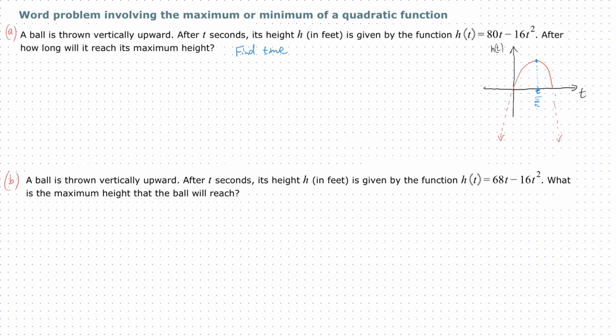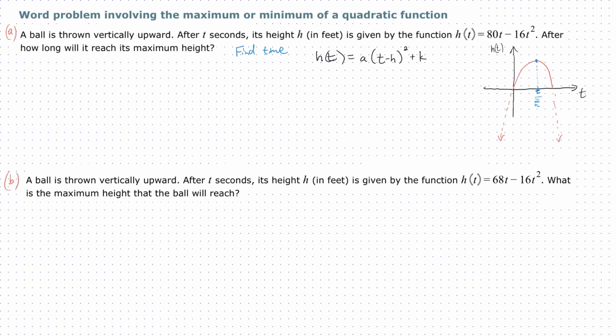Our goal is to get h of t into this form: a times t minus h, quantity squared, plus k. If we can get it in that form, we're in good shape.